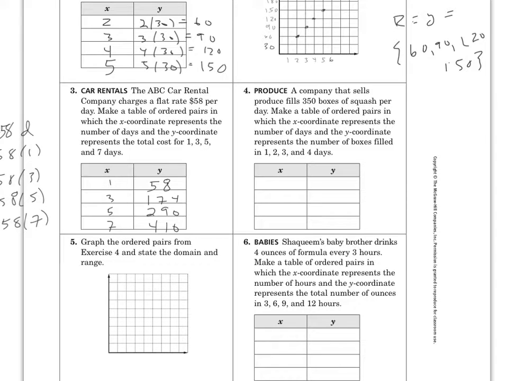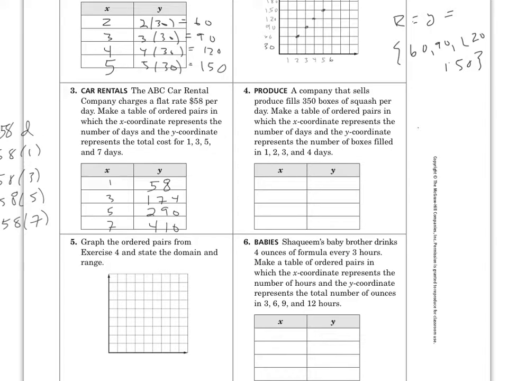A company that sells produce fills 350 boxes of squash per day. Make a table of ordered pairs in which x represents the number of days.